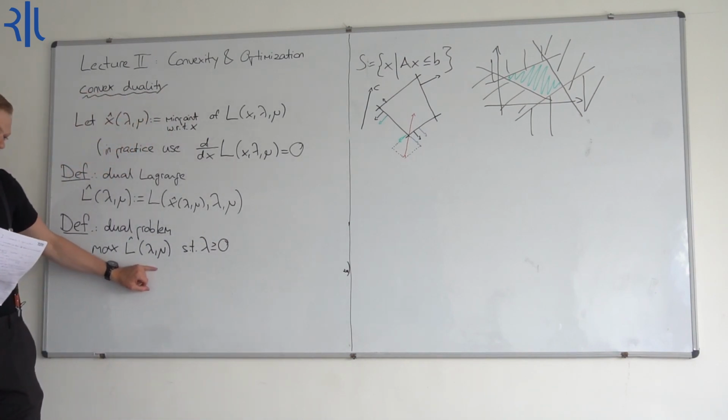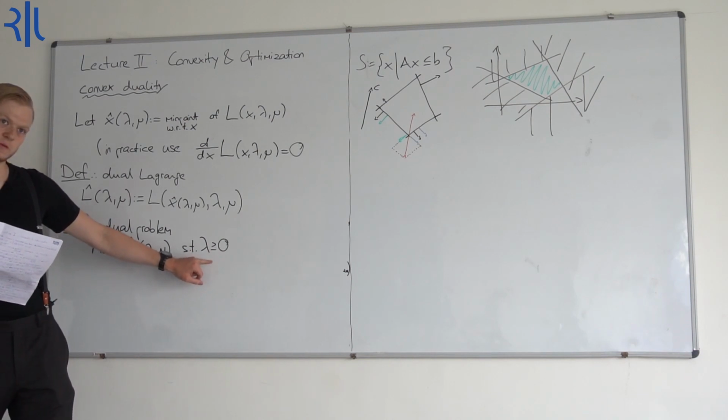So we want to maximize the dual Lagrange function with one constraint that we had: lambda has to be greater or equal than 0.